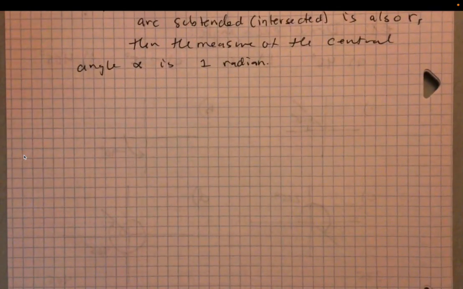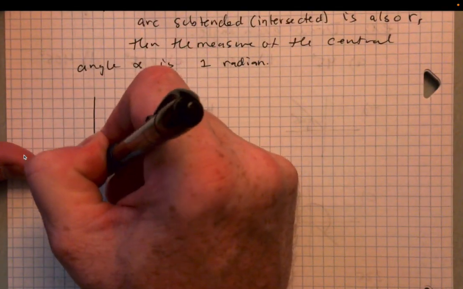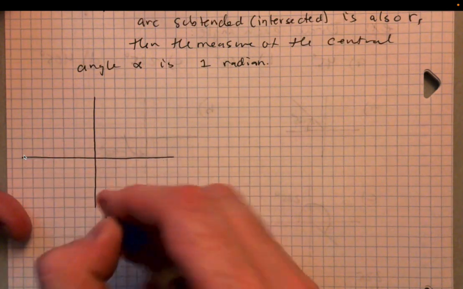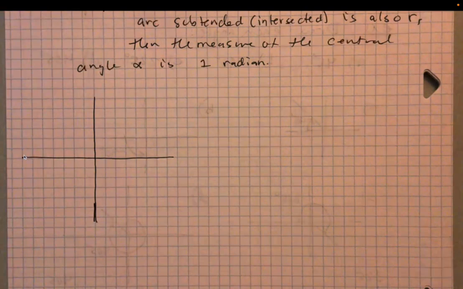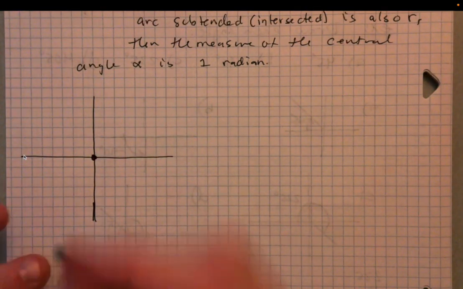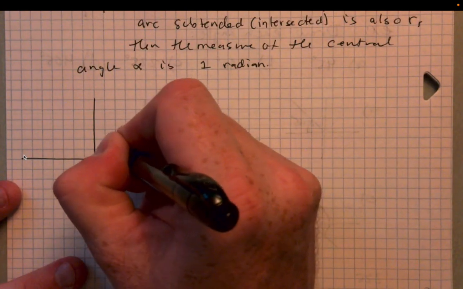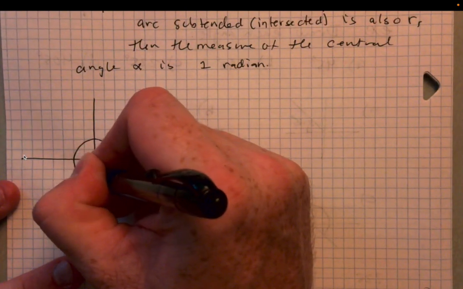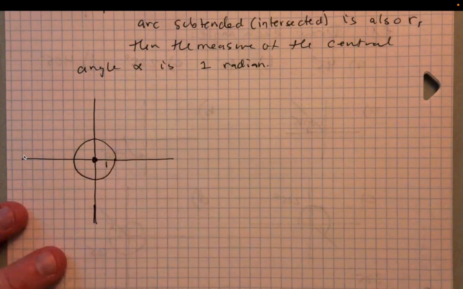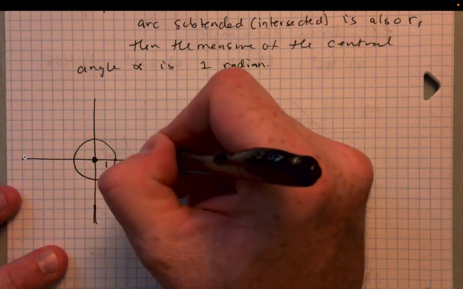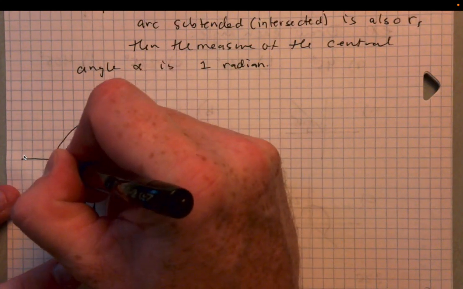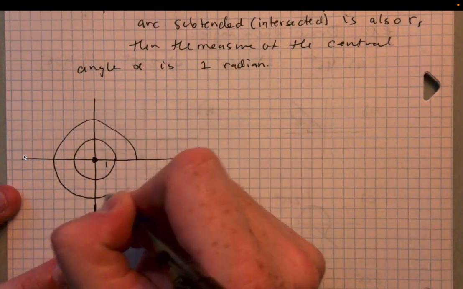So for example, let me try to draw a reasonable representation of this idea. If I've got an XY coordinate system and a vertex at the center, and let's say I've got circles of varying radius. This one we'll say has radius 1. Then I've got a bigger circle out here, and I can't promise these will look like circles, but you get the idea, I hope.